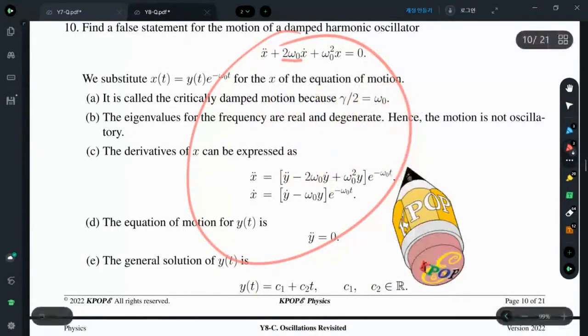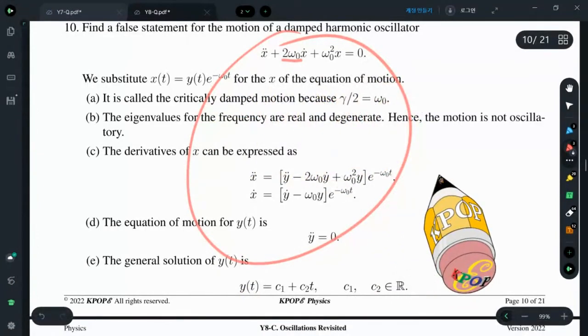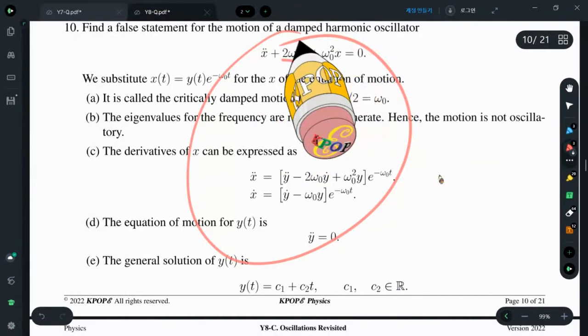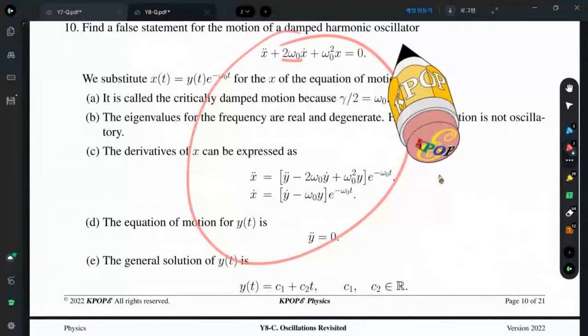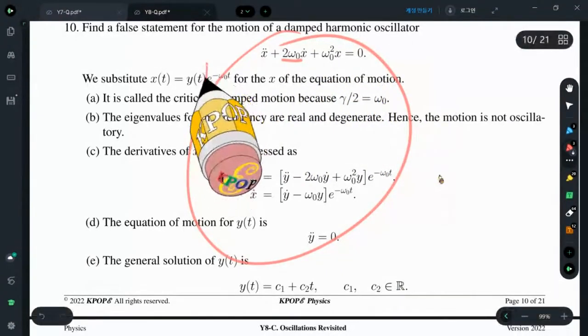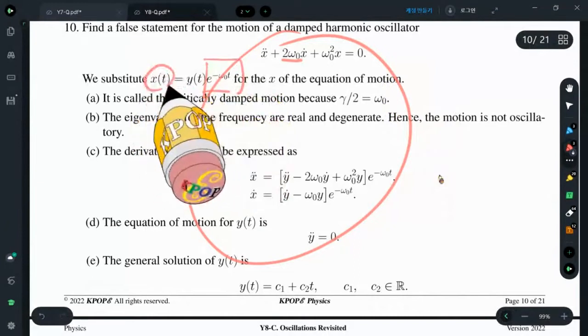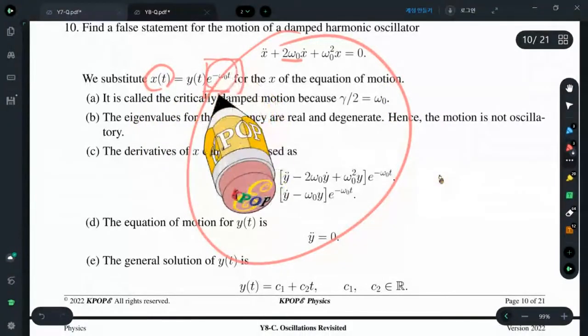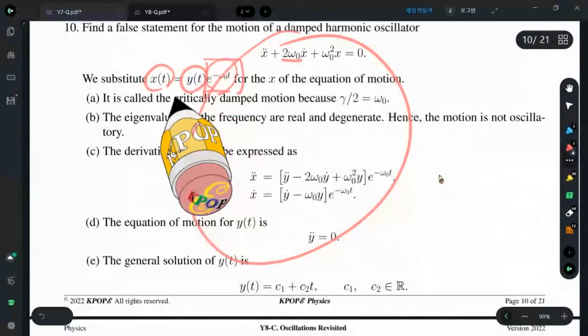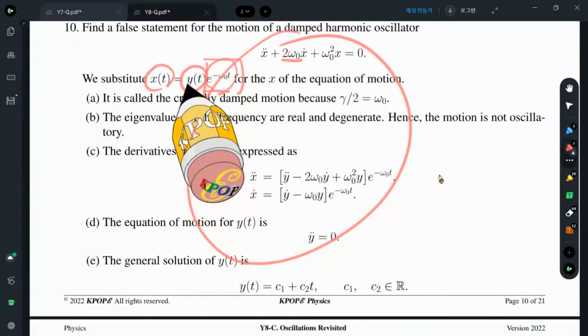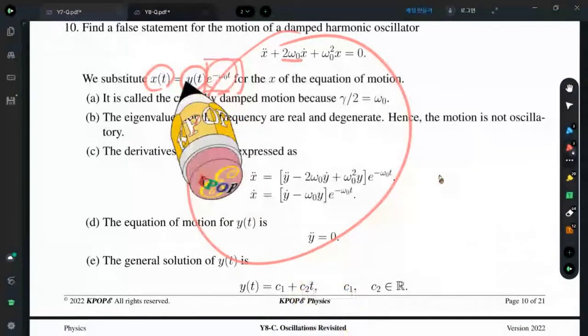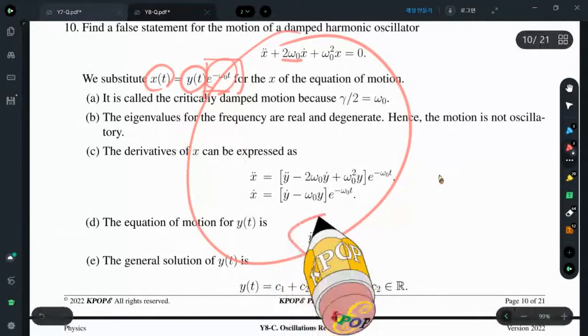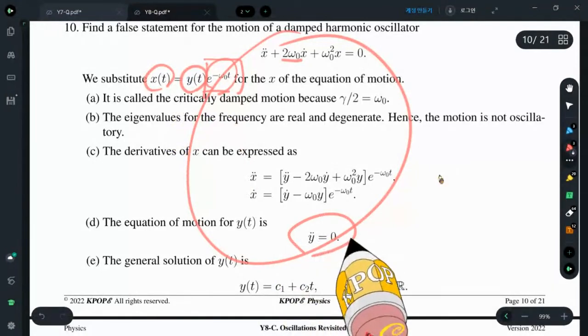We have a double root, and at first look, it is very hard to find the solution. However, we can reparameterize this solution x, factor out the common factor, multiplied by something called y. And we find the equation of motion for y is a trivial equation.